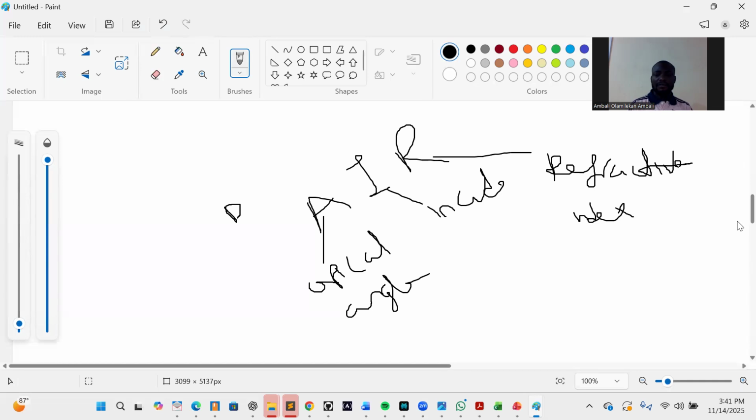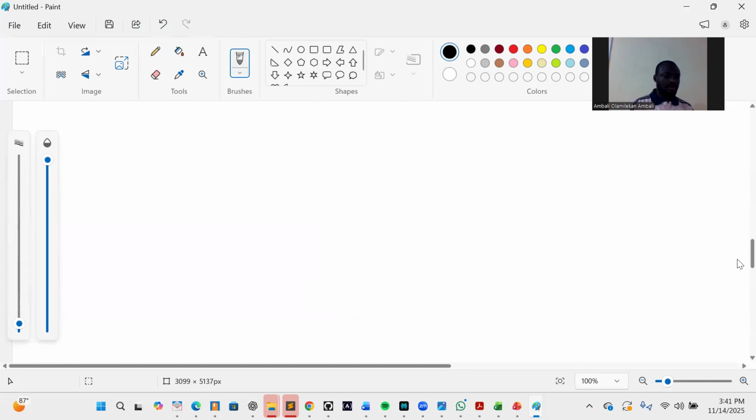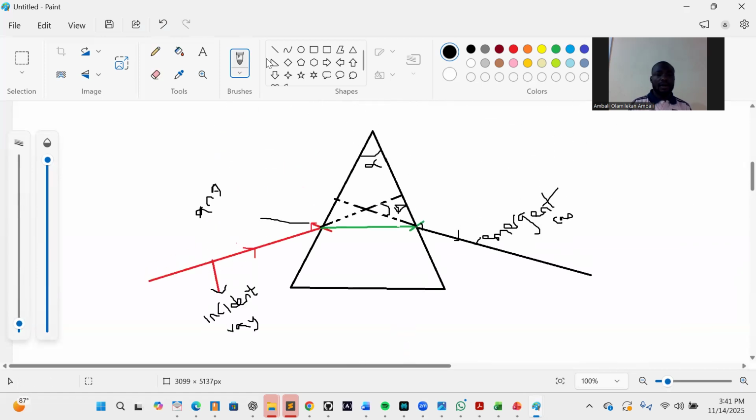Now, there's something called symmetrical refraction, which you can mention as part of the optics too. We used to say that the refraction is said to be symmetrical when the angle of incidence is equal to the angle of emergence. Like this one is almost equal, so you can say the refraction is symmetrical.